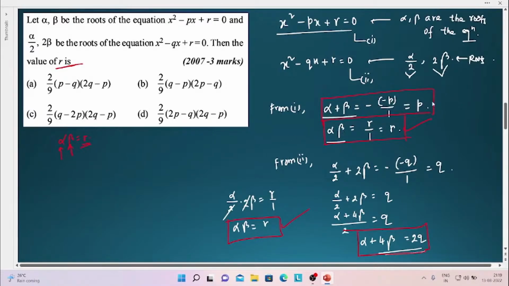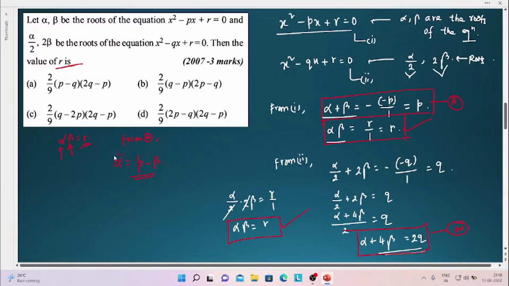Let me write down that equation as star, and this is 2 star. From star, we have alpha equals p minus beta.